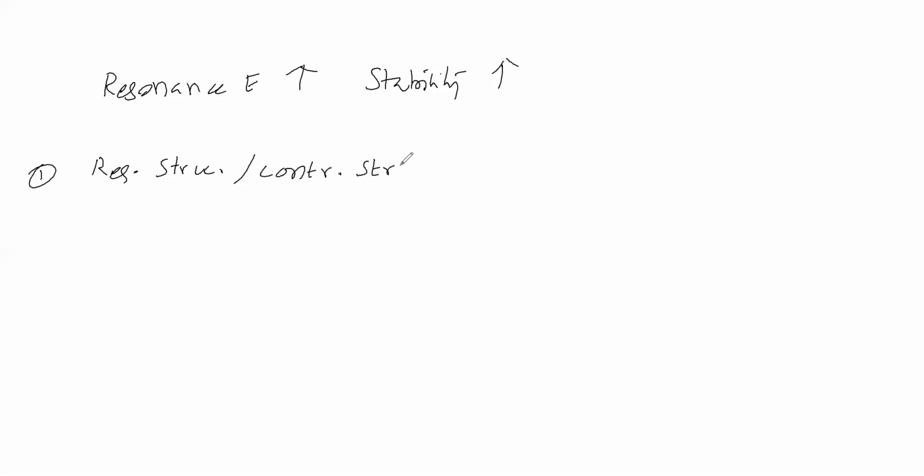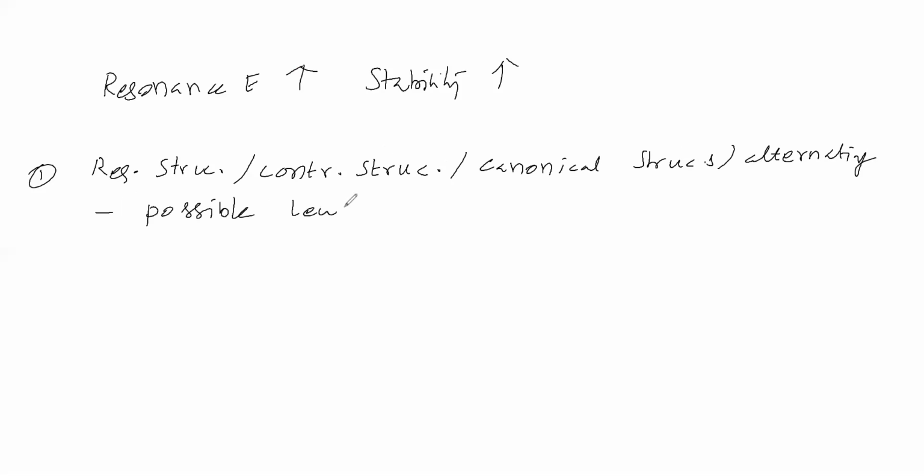Another name is contributing structures, another name is canonical structures, and another name is alternating structures. These are called possible Lewis structures. These possible Lewis structures are not true structures. They are false structures. They do not explain experimental fact.